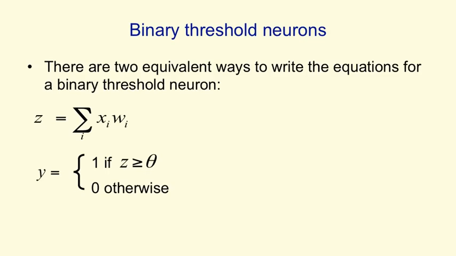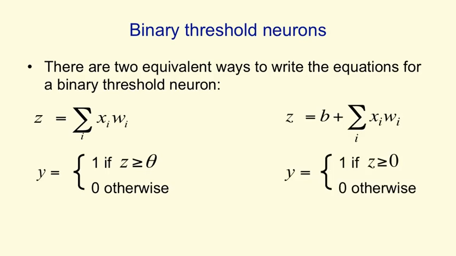Alternatively, we could say that the total input includes a bias term, so the total input is what comes in on the input lines times the weights, plus this bias term. And then we can say the output is 1 if that total input is above 0 and is 0 otherwise. And the equivalence is simply that the threshold in the first formulation is equal to the negative of the bias in the second formulation.